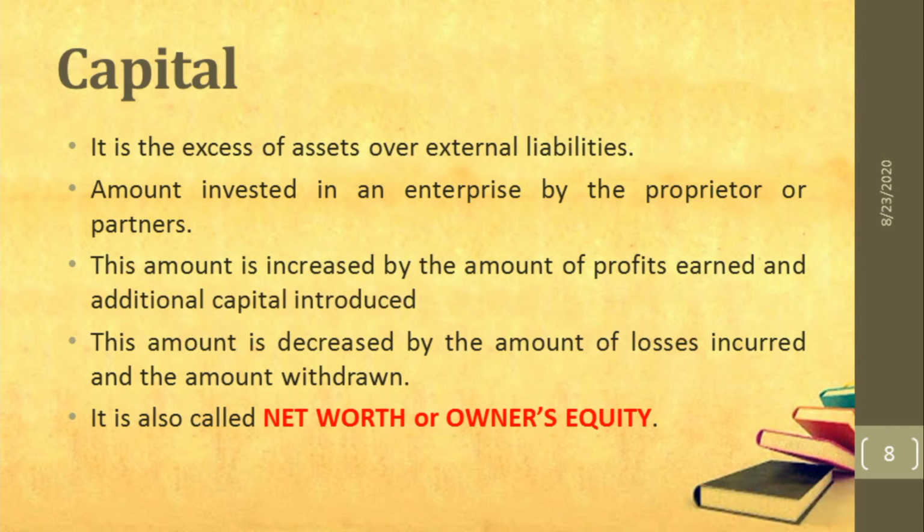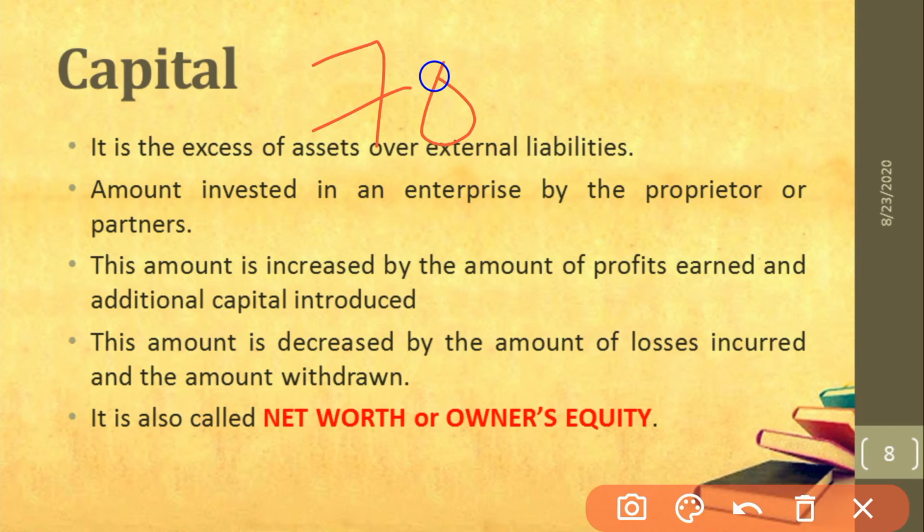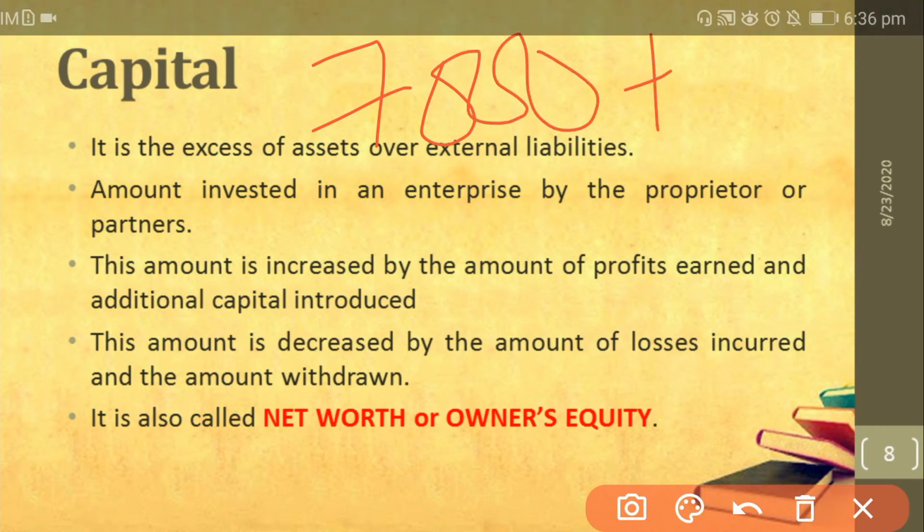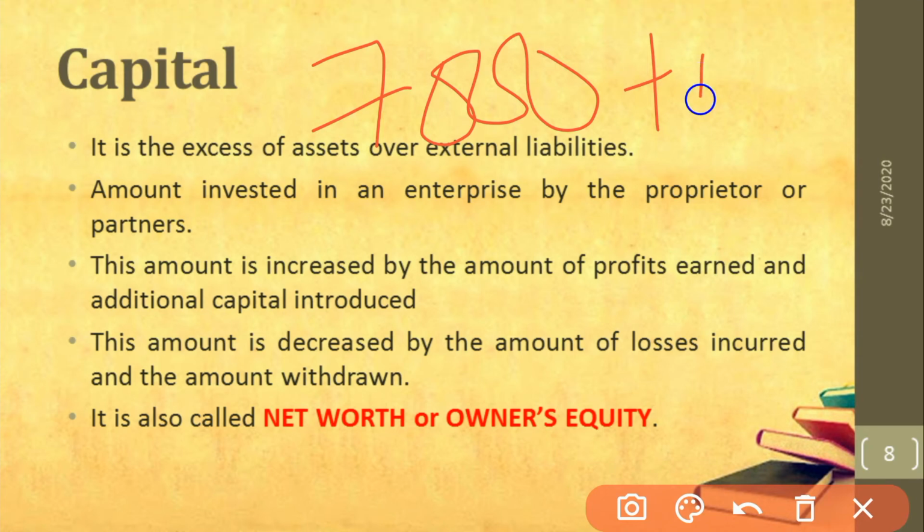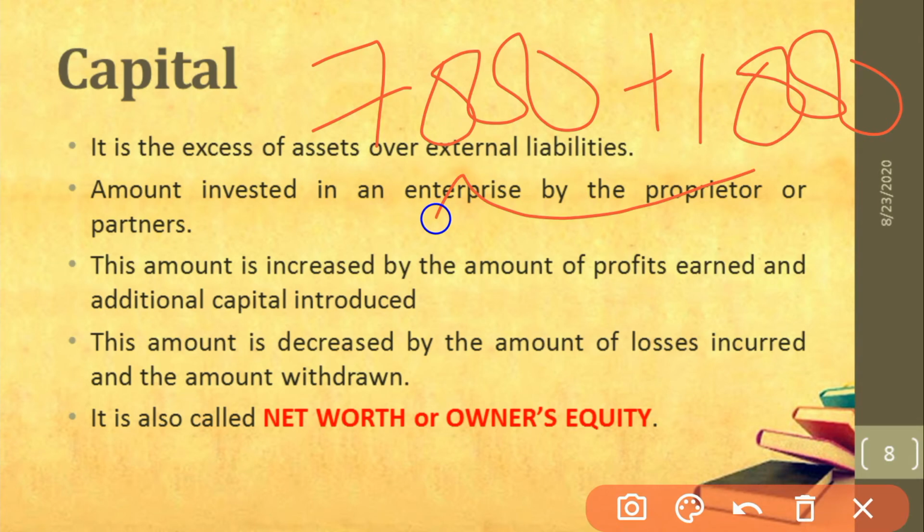Similarly, say I have invested 7,000 this year, and I have earned 1,000 of profit. That profit can also be added to my capital, and hence my capital will be increased to 8,000, right?